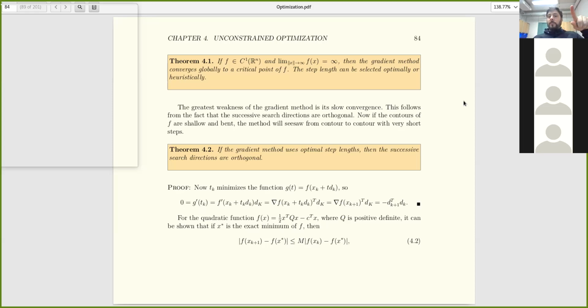One, the speed of convergence may be abysmal, and two, it may get stuck at a saddle point, because if you happen to stumble upon the saddle point and you go there from a certain direction, then you may actually reach the saddle point, and at that time the gradient is 0 and you won't be able to move anywhere from that.